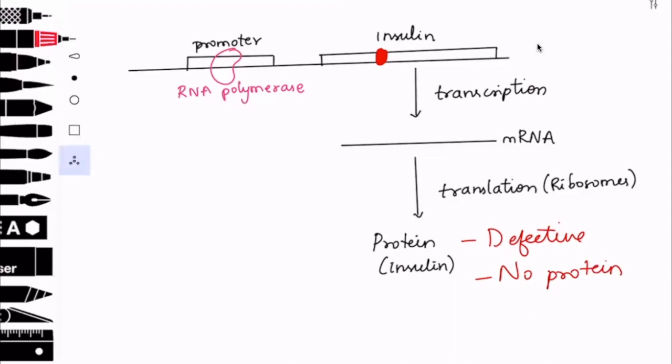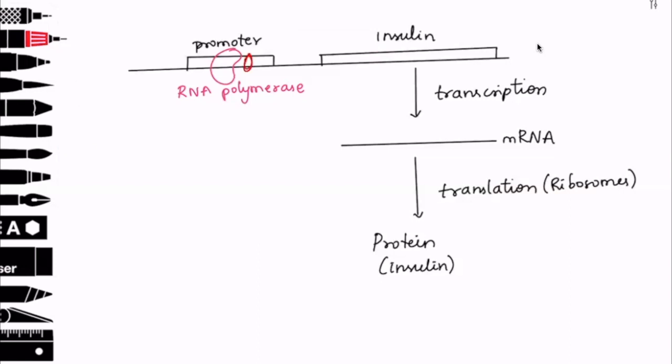This is one scenario. Now, if the mutation is present in the promoter sequence itself, usually the RNA polymerase is unable to bind to the promoter region. Hence, the insulin gene is not transcribed, nor is the insulin protein made. This mutation will lead to no insulin production.